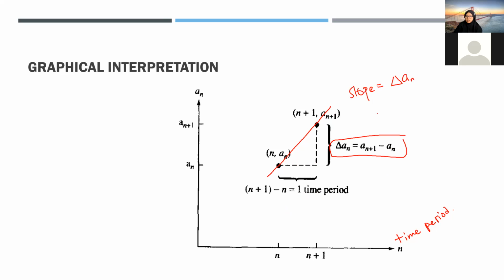For example, if I have another data right here, let's say this is An+2, the slope right here refers to the particular slope right here. This might be different than the slope of An+1. So the slope is going to change.